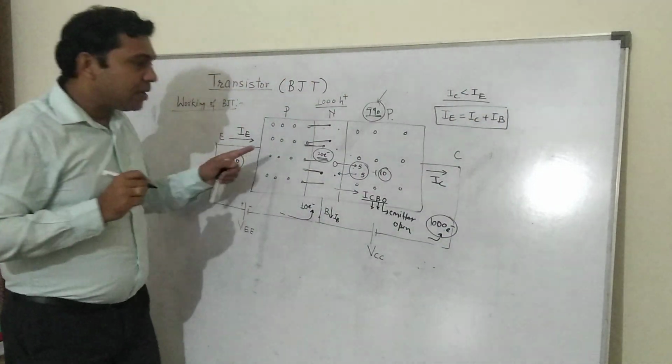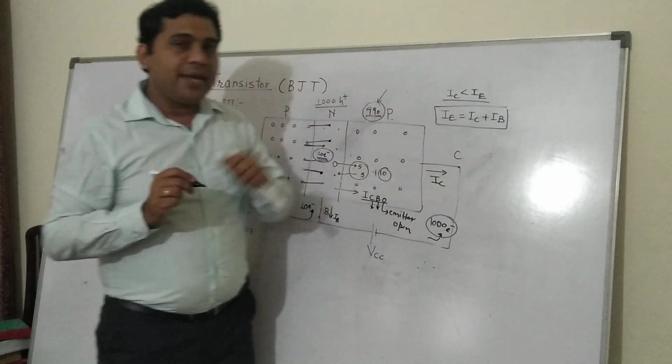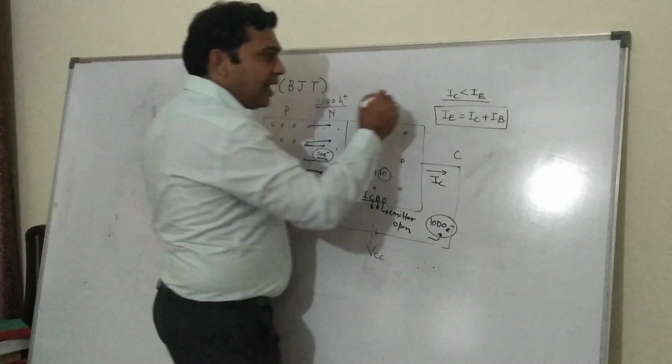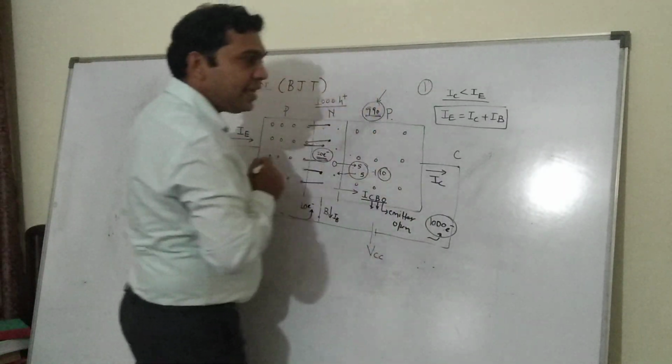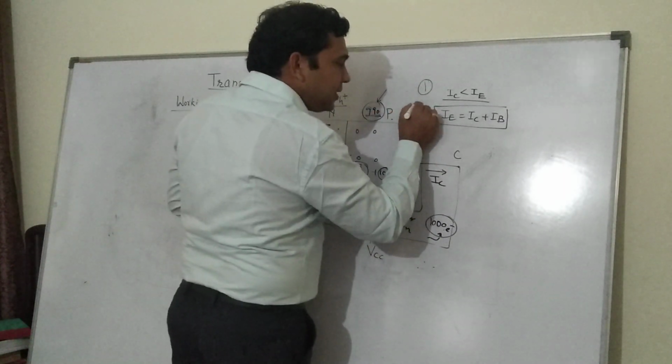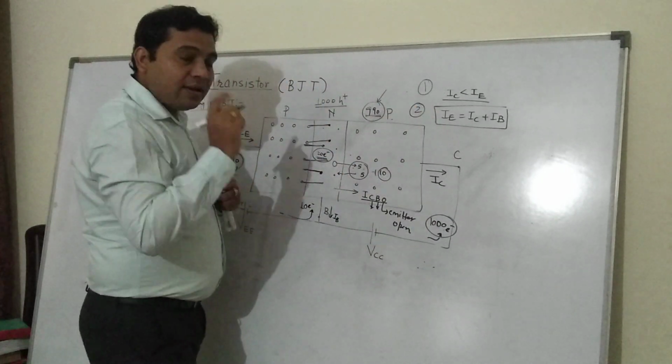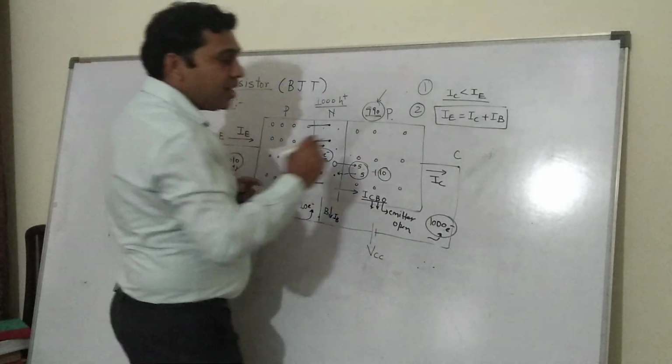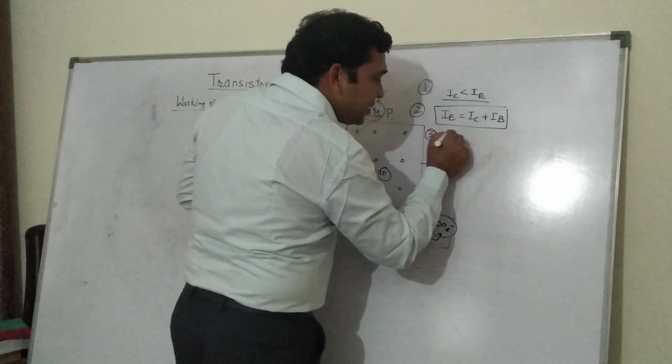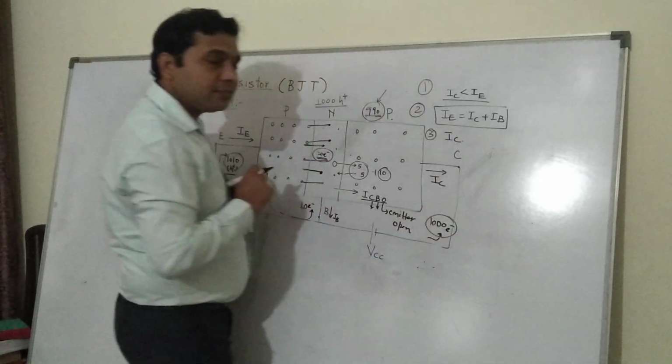Number one, IC is always less than IE. Number two, IE is the sum of IC plus IB. Number three, IC has two components.